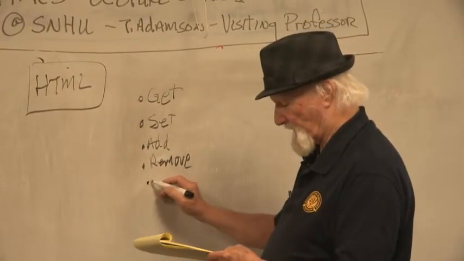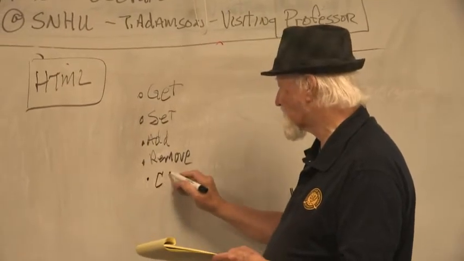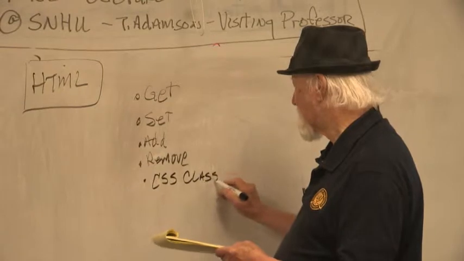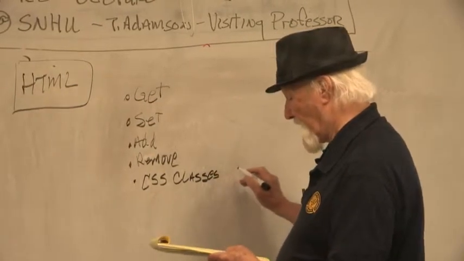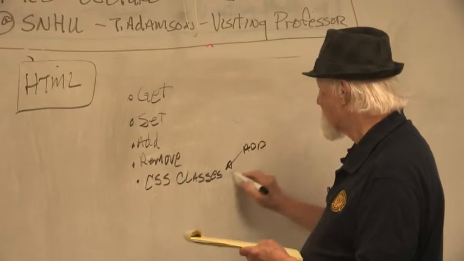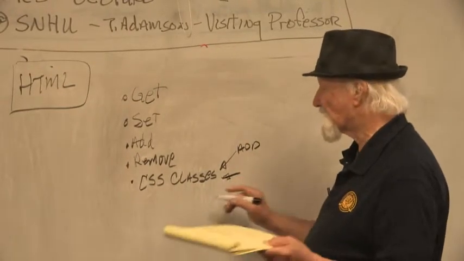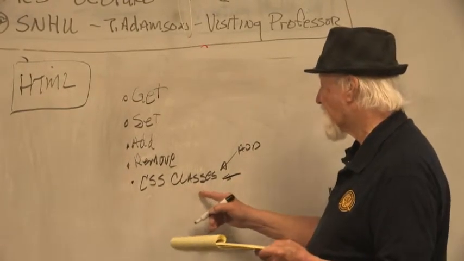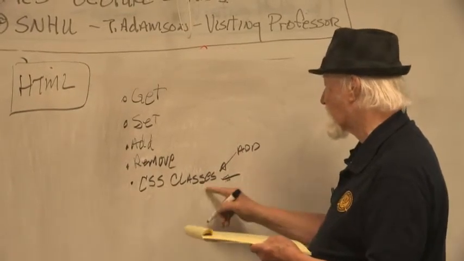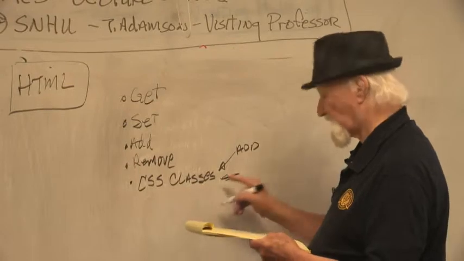Okay. The other thing it can do, CSS classes. It can add classes, and it can remove them. And remember, in our last lecture, we talked about CSS classes, because that was a CSS selector, a class.